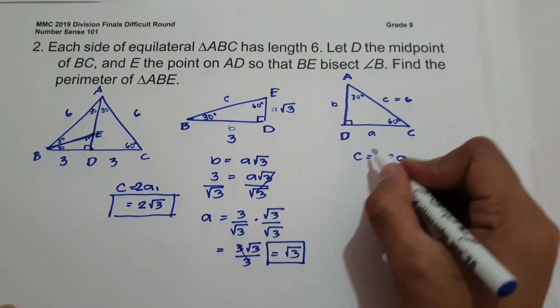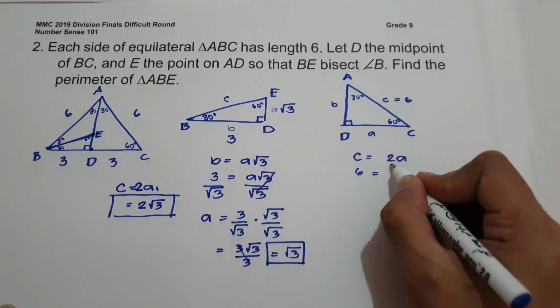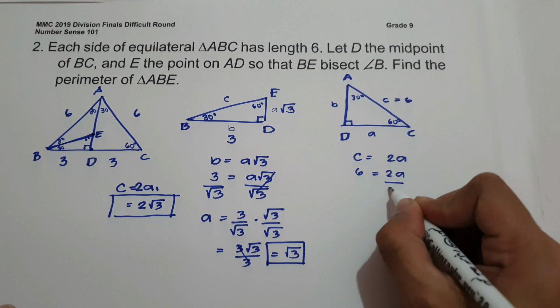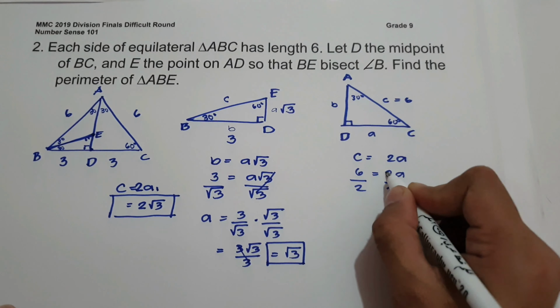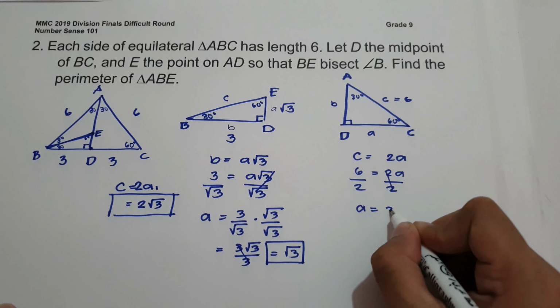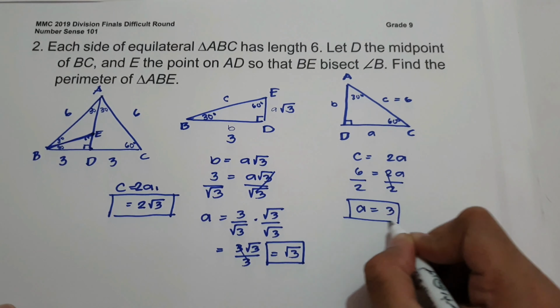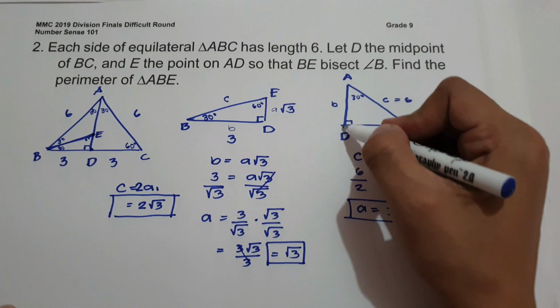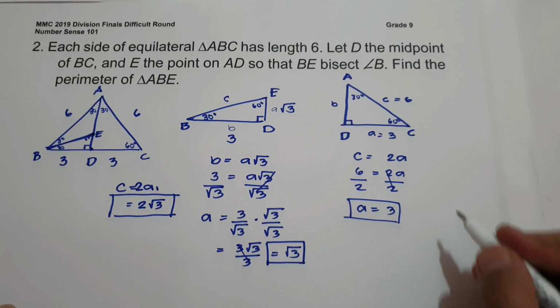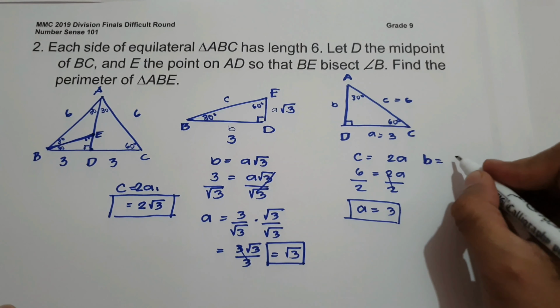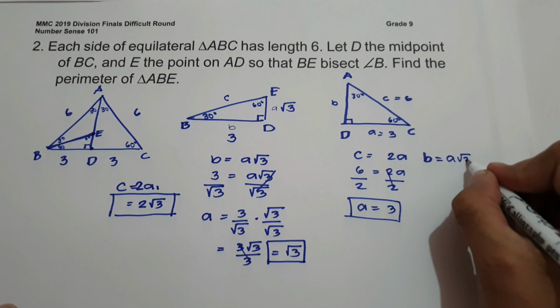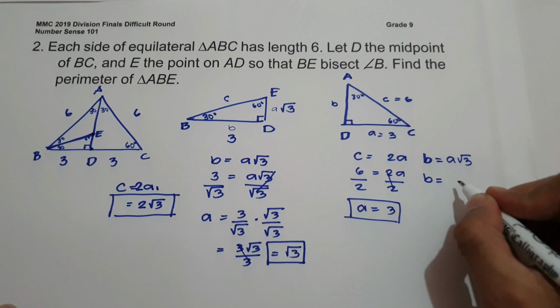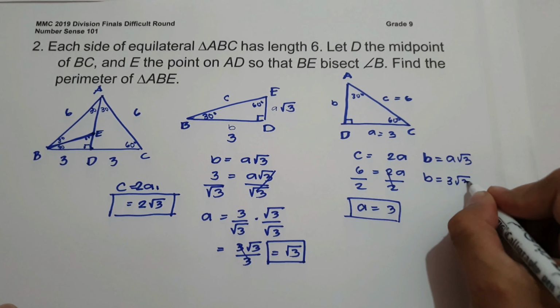The value of side c is 6, and 2a, so divide both sides by 2. So a is 3. Let us find side b, which is opposite 60 degrees. b is a square root of 3, so the measure of side b is 3 square root of 3.